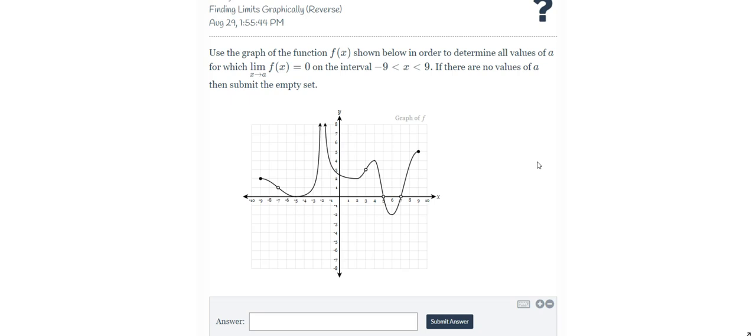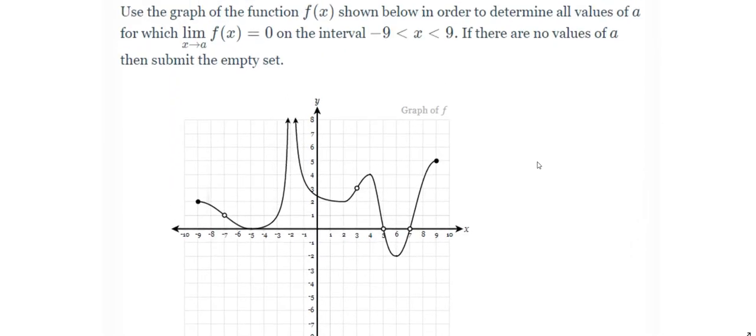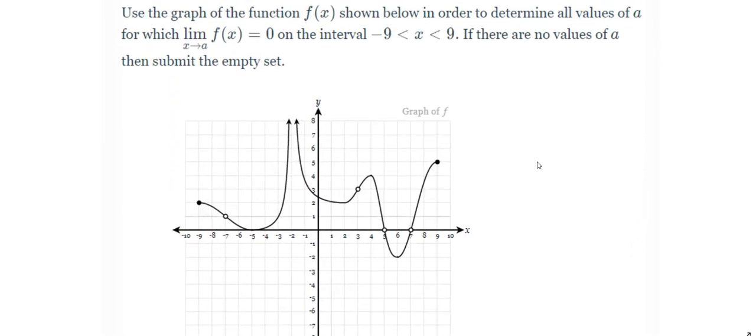Use the graph of the function shown below in order to determine all the values of a. A would be an x value, for which the limit equals 0. The limit equals 0. Did what? Of the function.